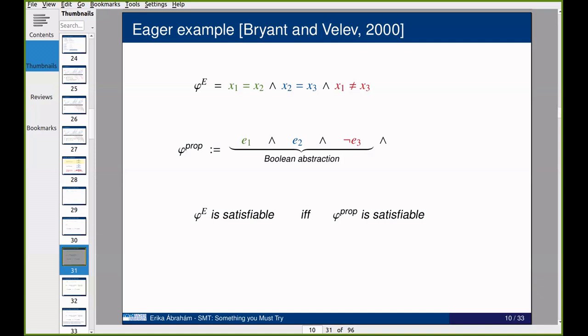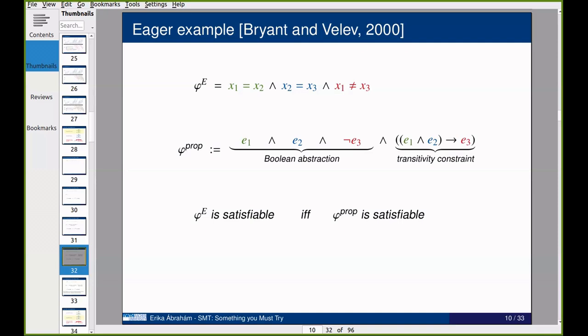I need to refine this abstraction. And what I need to add in this case is the property that equality is an equivalence relation. That means it is reflexive, symmetric, and transitive. And regarding transitivity, what I need to add is that if two of the equations are stated to hold, then by transitivity, also x1 needs to equal x3.